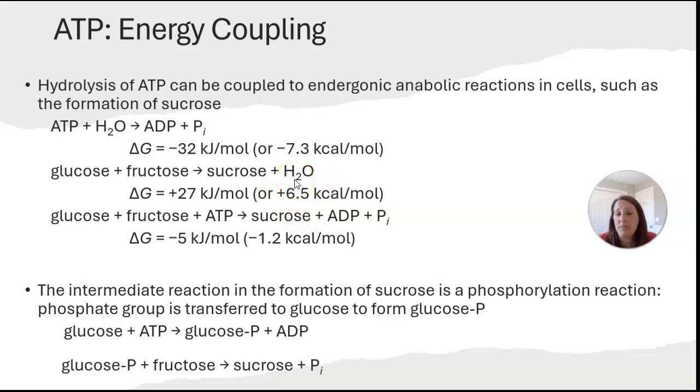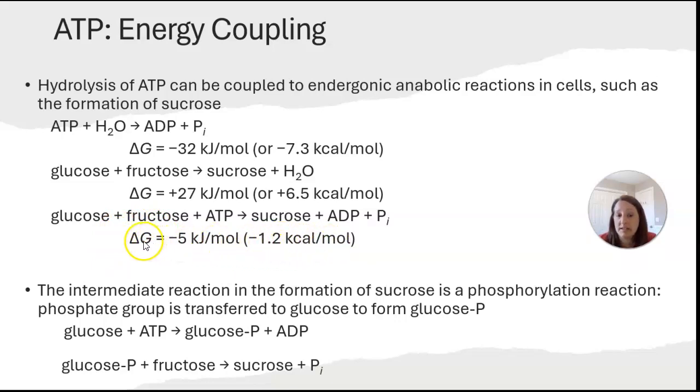Okay? And so if we do the math here, if we combine the two, glucose plus fructose plus ATP yields sucrose plus ADP plus Pi. That has an overall delta G, an overall free energy change of negative 1.2 kilocalories per mole.